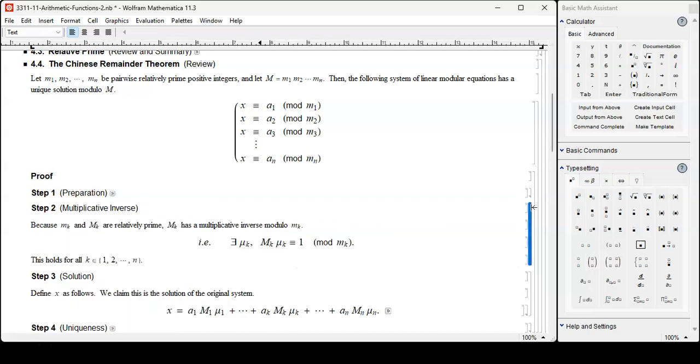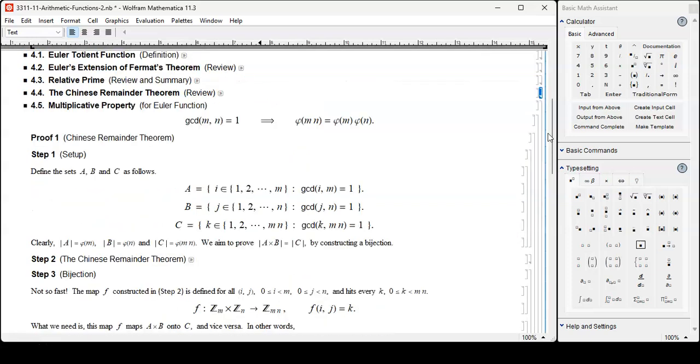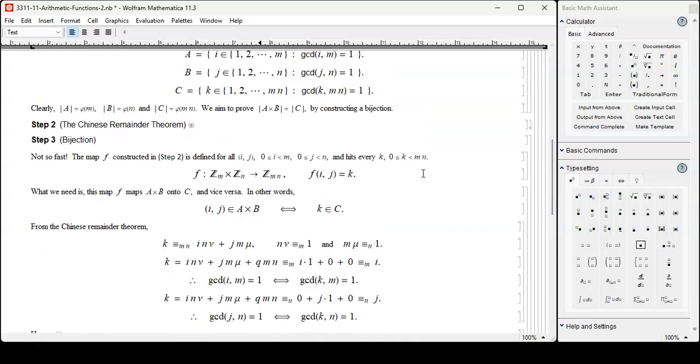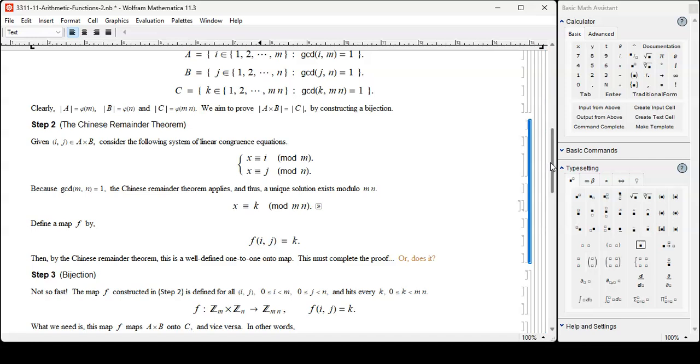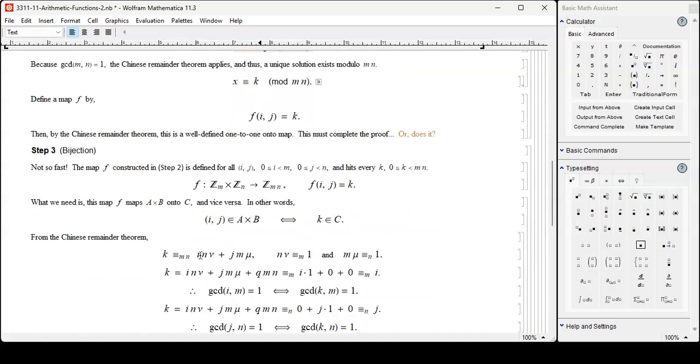And then mu1 and mu2, those are their multiplicative inverses. So let's set up like that. Congruent to i, congruent to j, okay. So i and j, no problem.